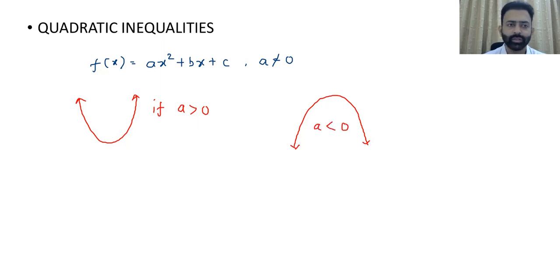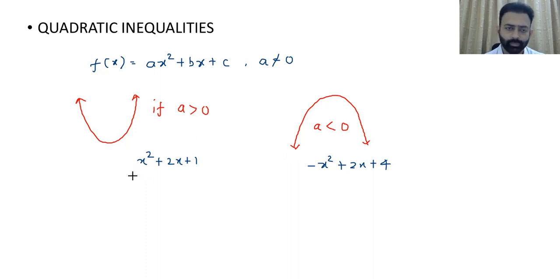If a is greater than 0, an example could be x square plus 2x plus 1. And if it is less than 0, an example could be minus x square plus 2x plus, let us say, 4. Okay, so these are all quadratic expressions. Here the leading coefficient a is negative, so it will be an inverted U shape. If it is positive, it will be a U-shaped curve.